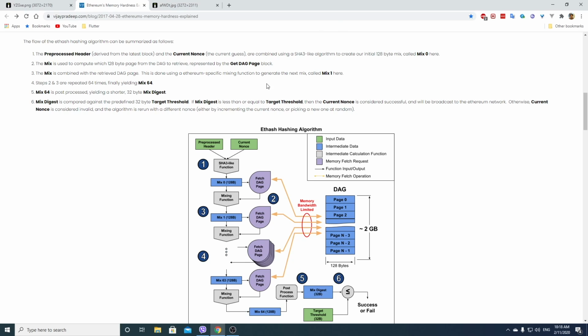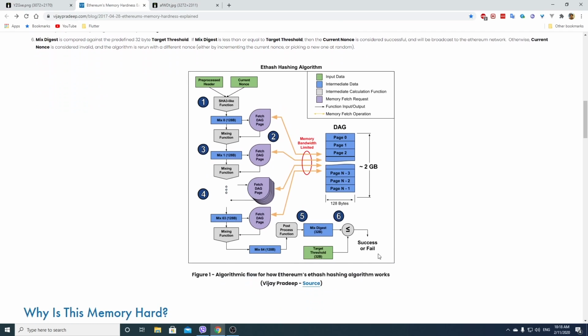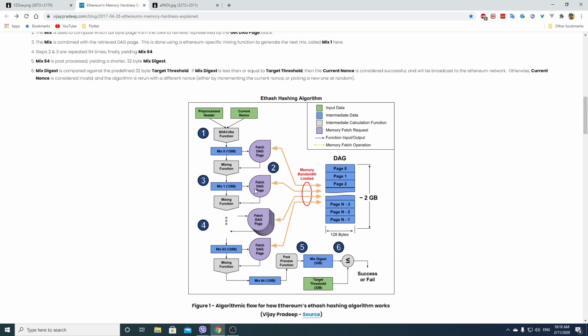And the idea is that if you want to provide a candidate, you are asked to provide part of that data set. So normally the hashing would be that you get the header, right, and then you suggest a nonce, and then you put these two together with a hashing function, and your output will be that thing here that you determine whether it's a success or a failure, right?